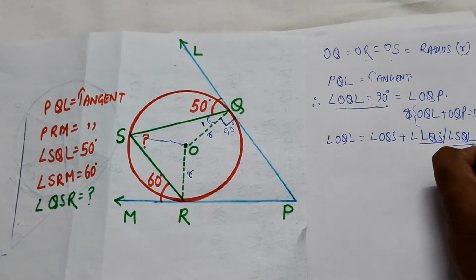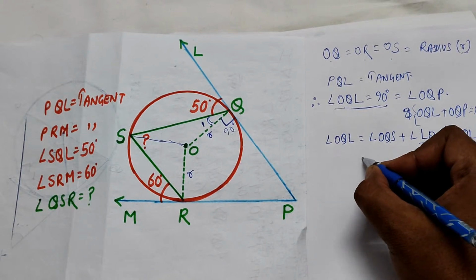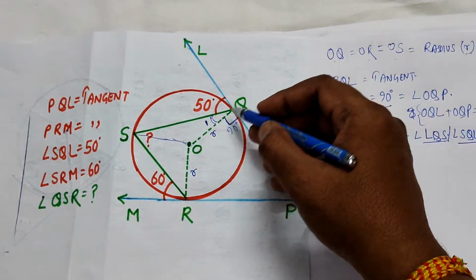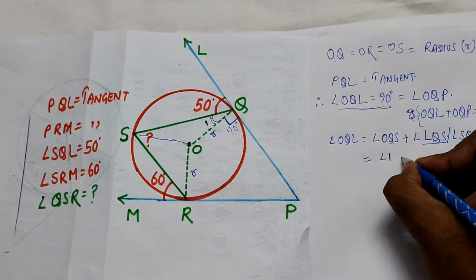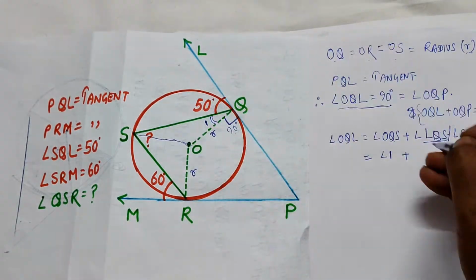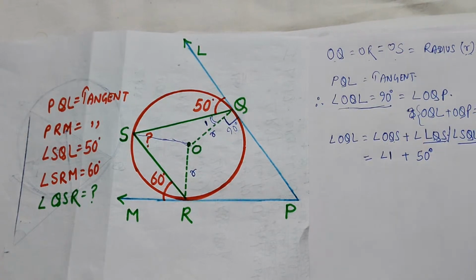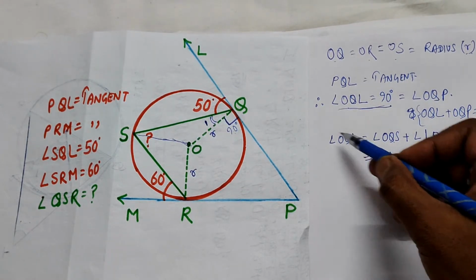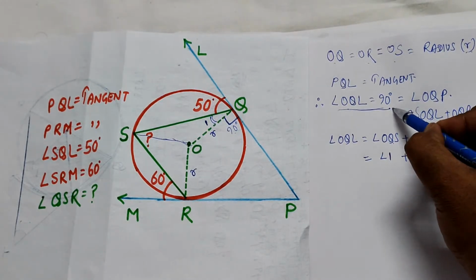Both are the same, right? And angle OQS we have assumed as angle 1. Angle 1 plus angle SQL is 50 degrees, plus 50 degrees. And this angle OQL is 90 degrees.